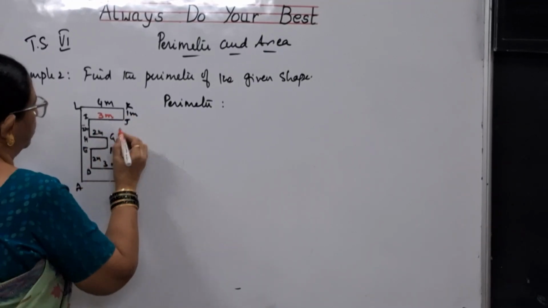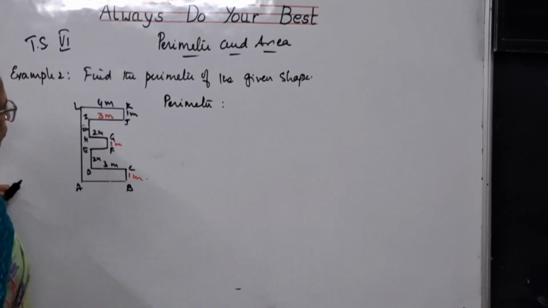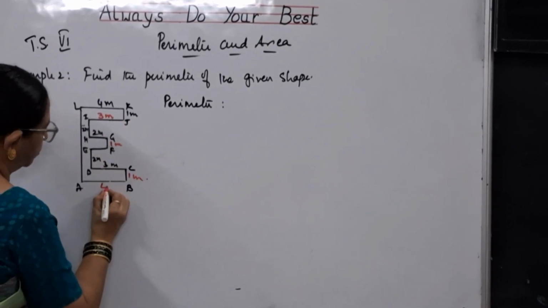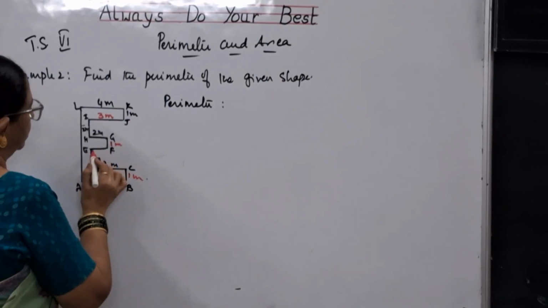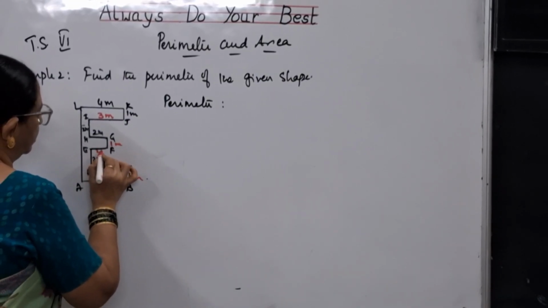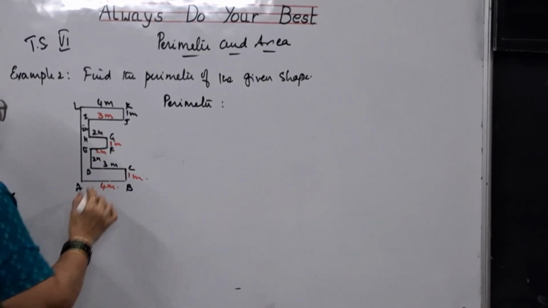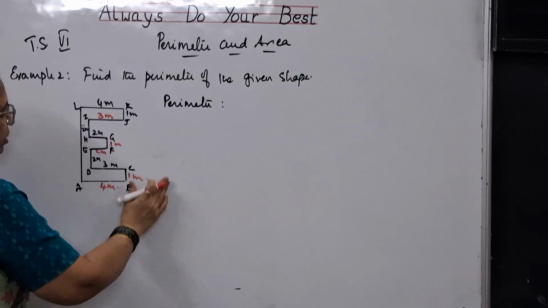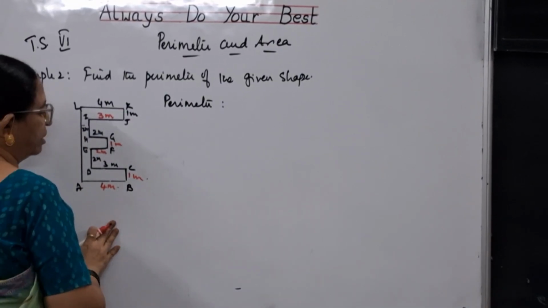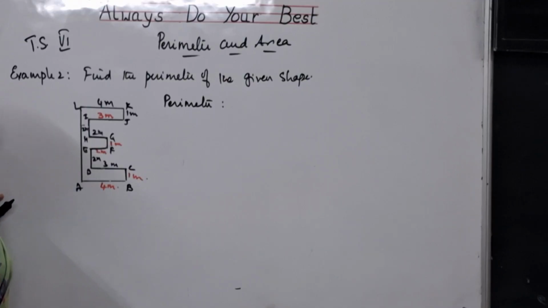So if this is 1 meter, this also will be 1 meter, and this also will be 1 meter. This is 4 meters, means this will be 4 meters. Now anything else? This is 2 meters. Here 2 meters means here also 2 meters. So whatever they have not given, that we should consider same, because the measures are same.